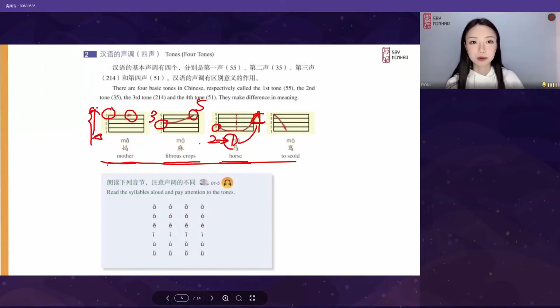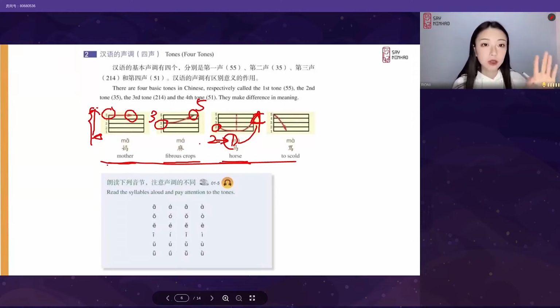Read after me, please. Ma. This one can be a little bit tricky. Ma, ma. This is third tone. Started from pitch 2 and drop to pitch 1 and then rise up to pitch 4.